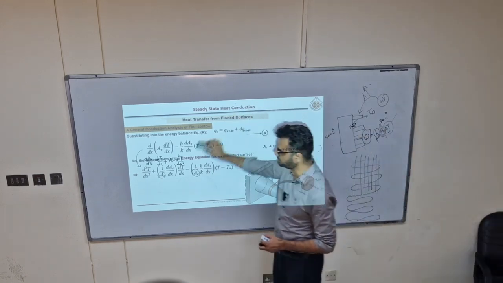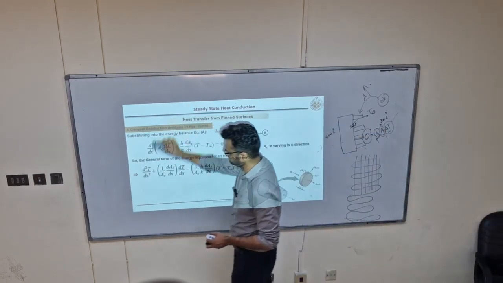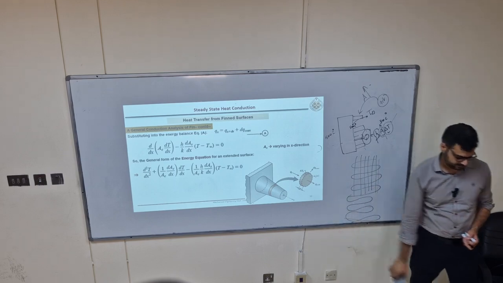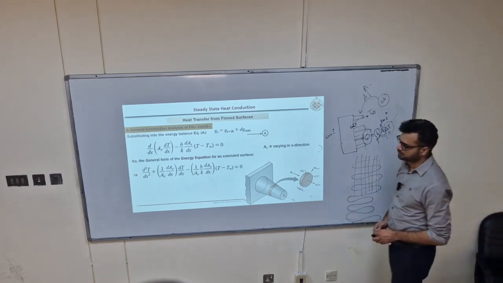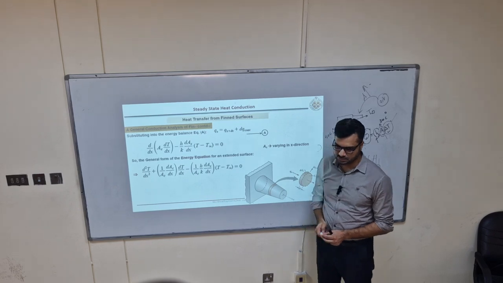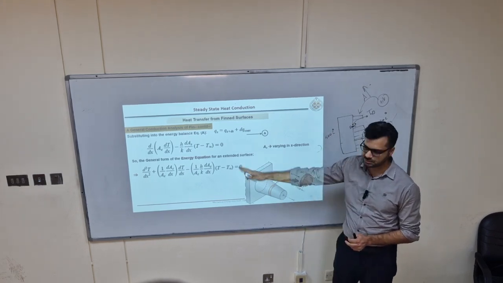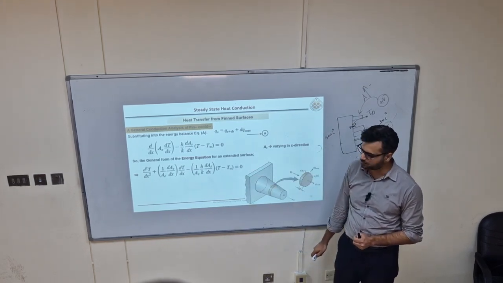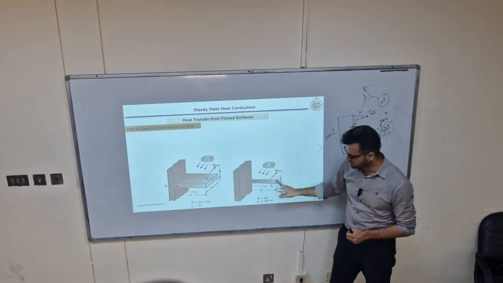Now we shall further simplify this equation. Here we are showing a fin with varying cross section. But let's solve this equation not for varying cross section, but for a constant cross section.